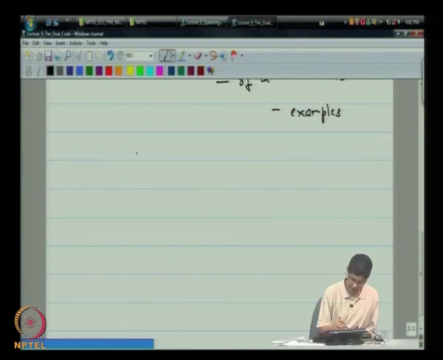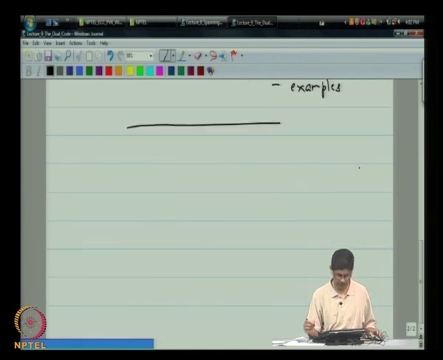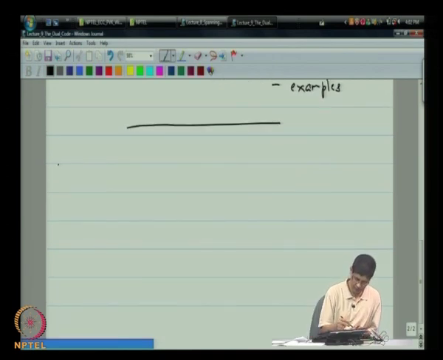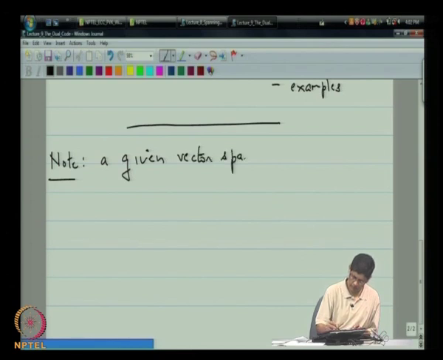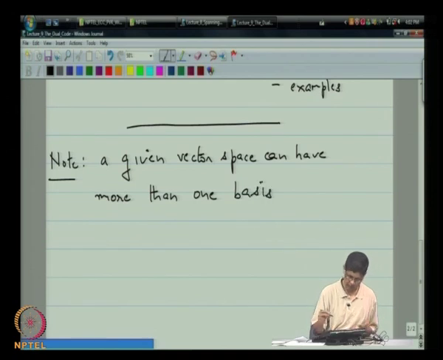I just want to reiterate a couple of points as I begin the lecture. We will call them out as notes. Note: a given vector space can have more than one basis.